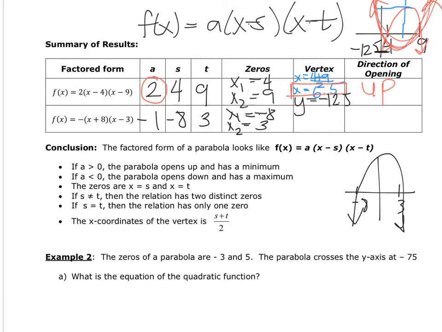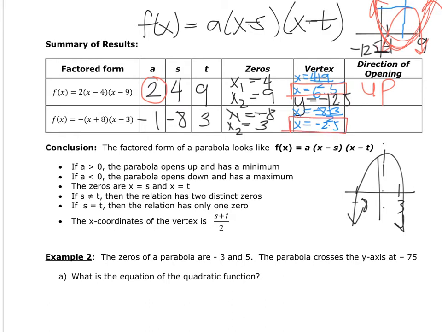Okay, let's find our vertex by first finding the axis of symmetry. So let me pick a different color here. We've got x equals, let's find the middle point of negative 8 plus 3, all divided by 2. And we've got x equals negative 2.5. Okay, so to find the vertex, we're just going to plug that guy in to our equation.